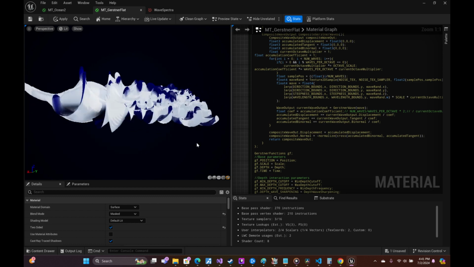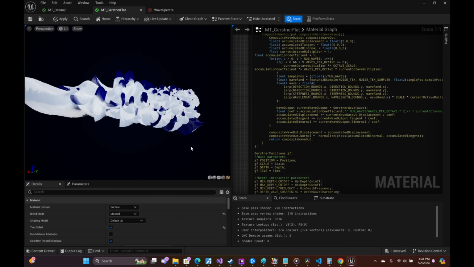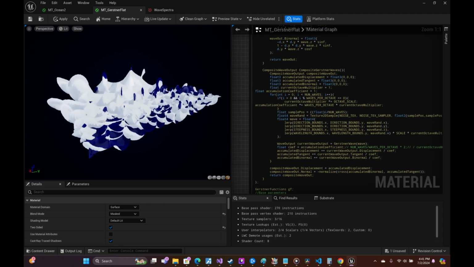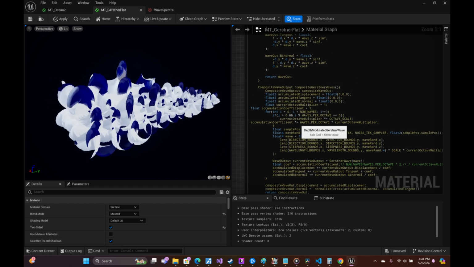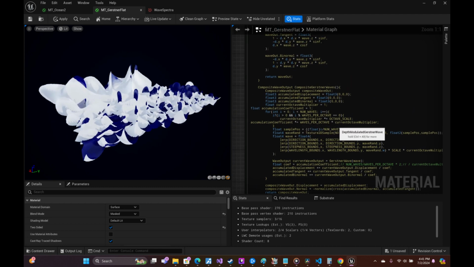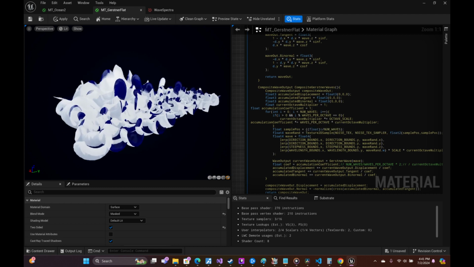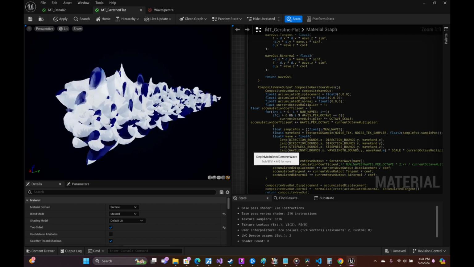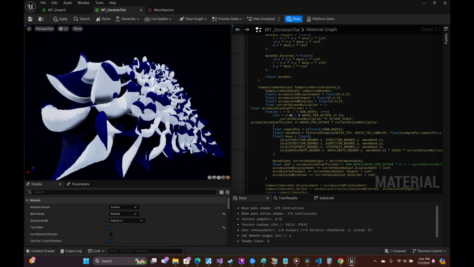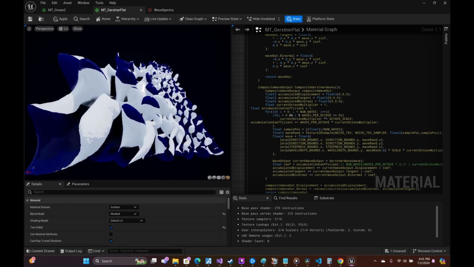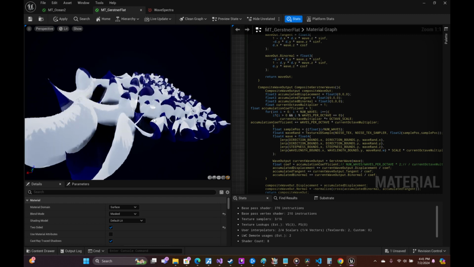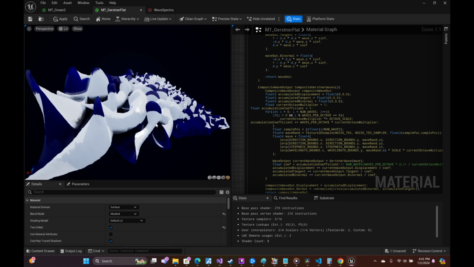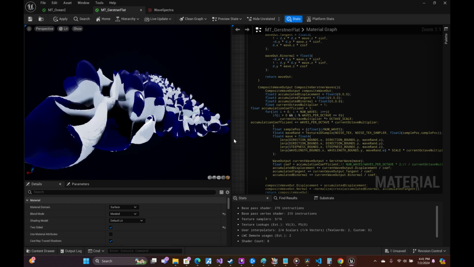That's a little too much. Hmm. Why doesn't this work? So it would be like its individual contribution to the overall scheme.